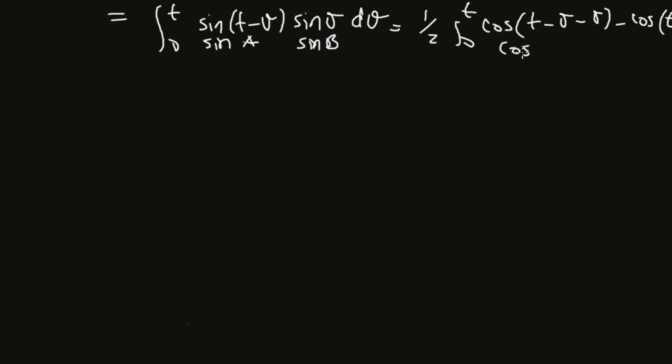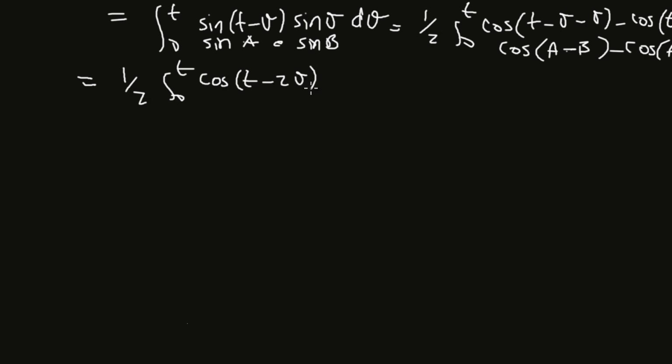Alright, so cosine of a minus b minus cosine of a plus b. It's just a trig identity, right? So we have, let's simplify, then I think we can see something nice there. Cosine of t minus 2v minus cosine of t, dv.